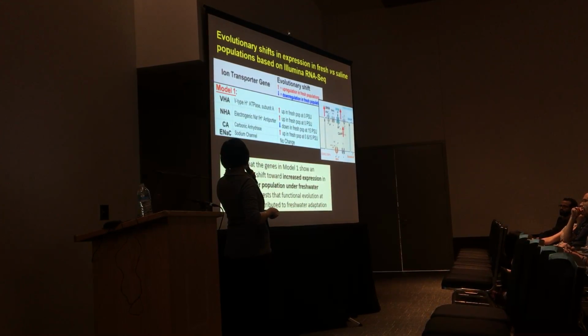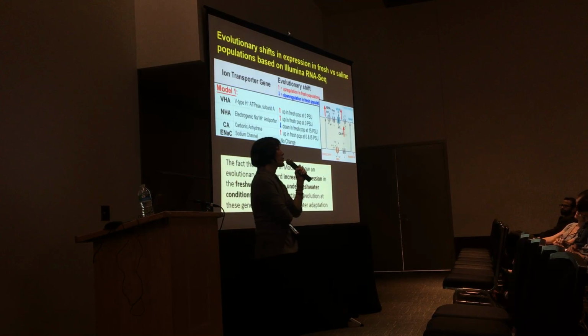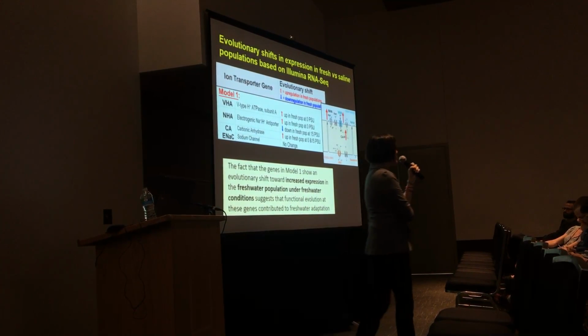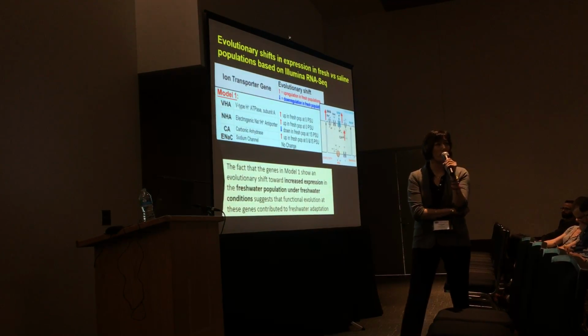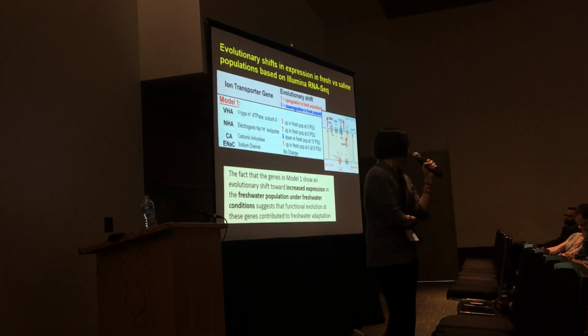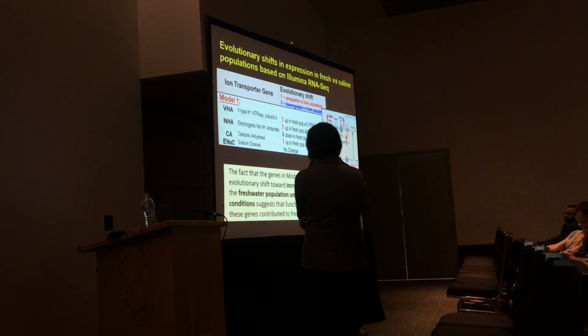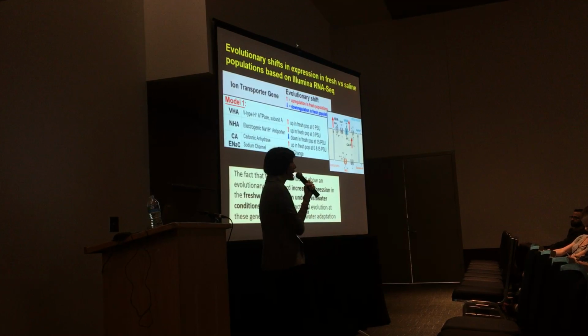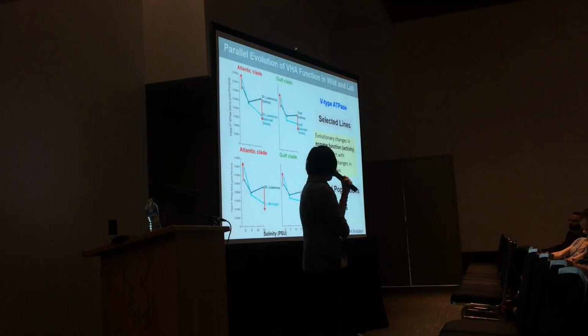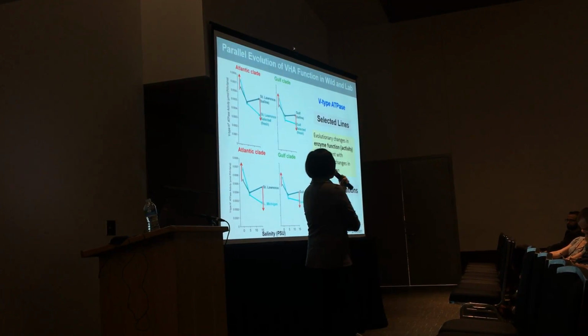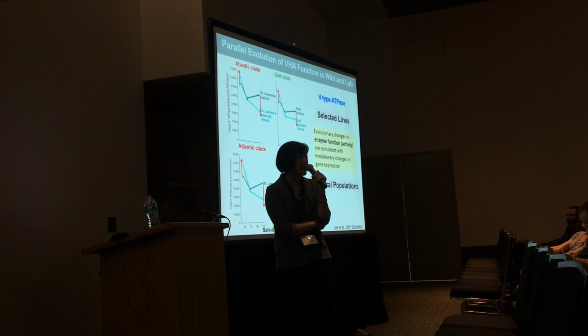So the fact that the genes in Model 1 showed an evolutionary shift toward increased expression in the freshwater population under freshwater conditions suggests that the functional evolution of these genes contributed to freshwater adaptation. Now, I'm not going to belabor this point, but this is a slide I showed at a previous evolution meeting.